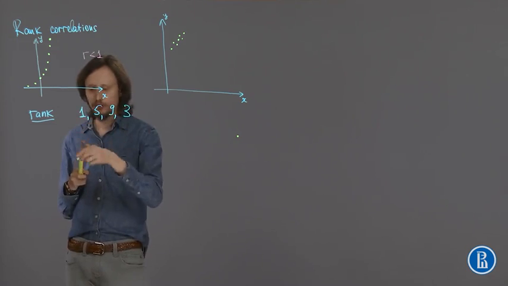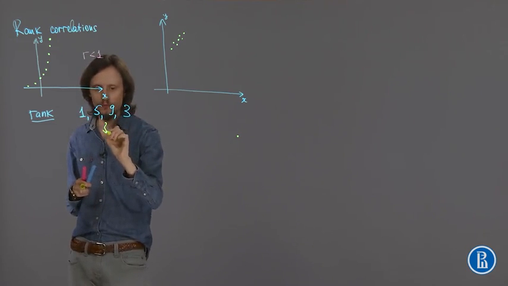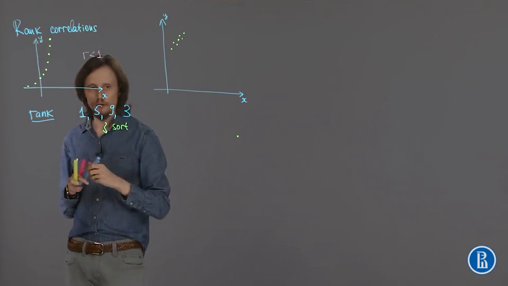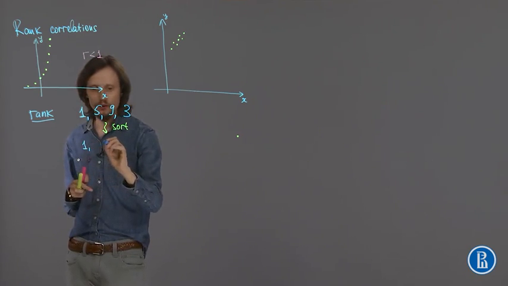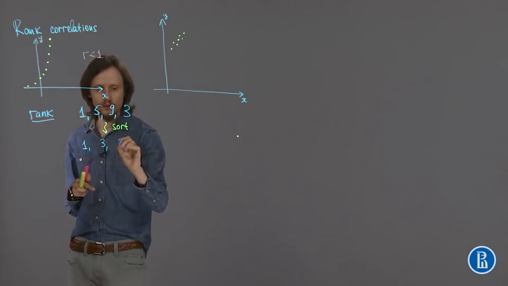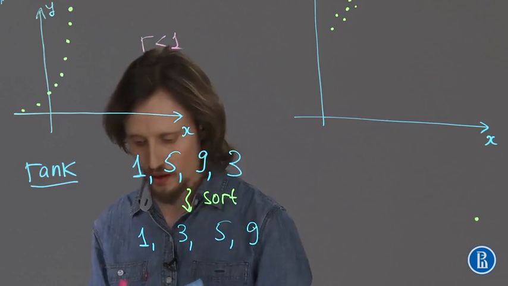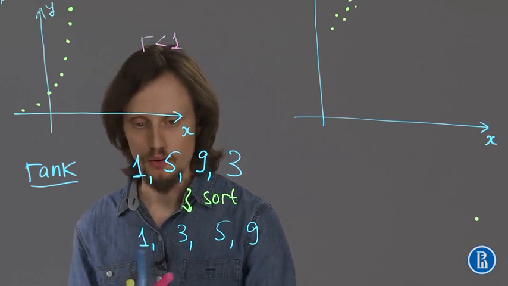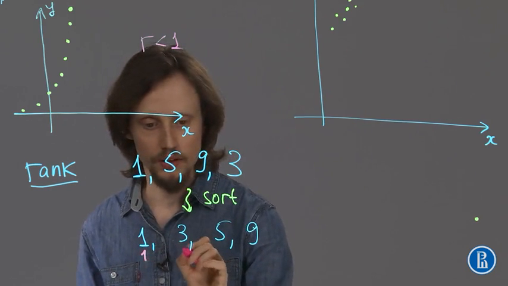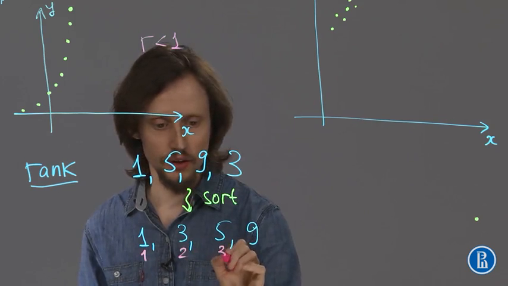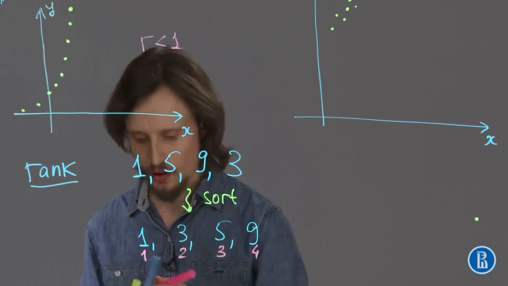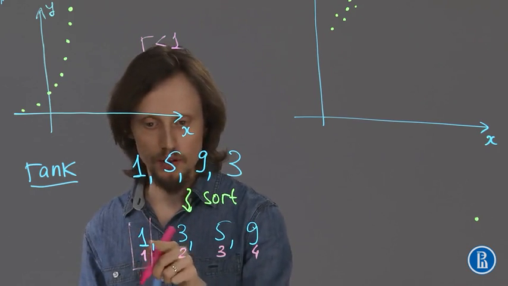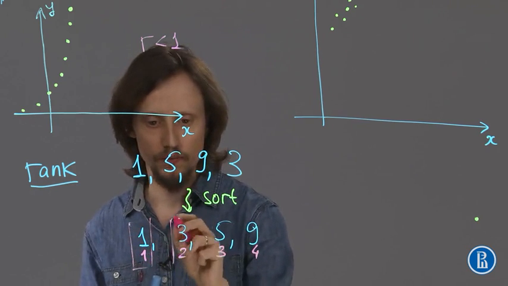First, I will sort these numbers and get the following sequence: 1, 3, 5, 9. Then we enumerate these numbers. So this is the first number, this is the second, this is the third, and this is the fourth. And I will attach these pink numbers to my original numbers.